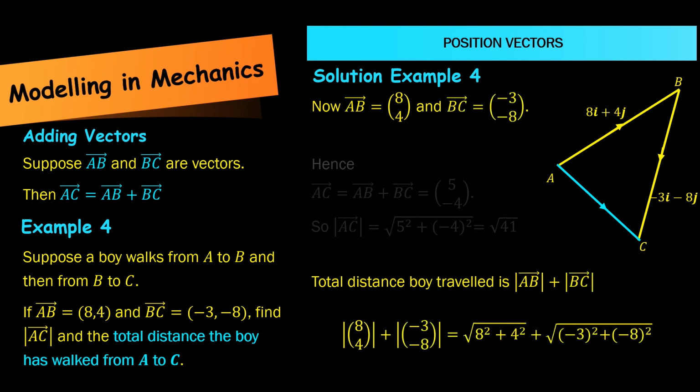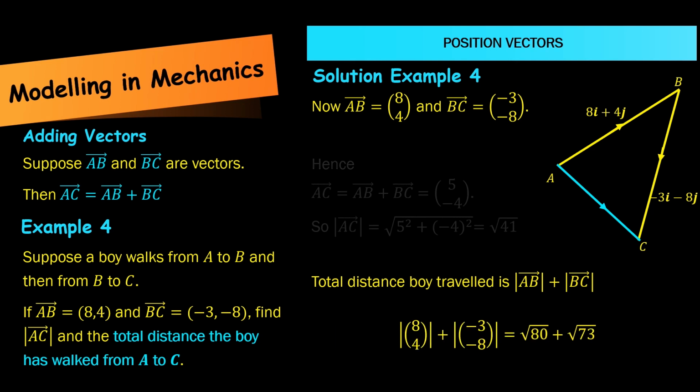And using Pythagoras gives us square root of 8 squared plus 4 squared plus the square root of (-3) squared plus (-8) squared, which equals square root of 80 plus square root of 73.